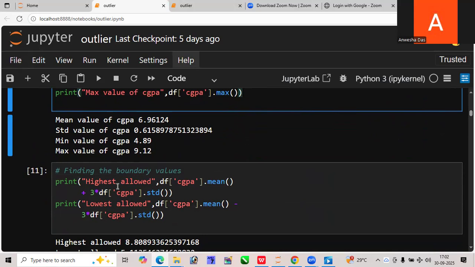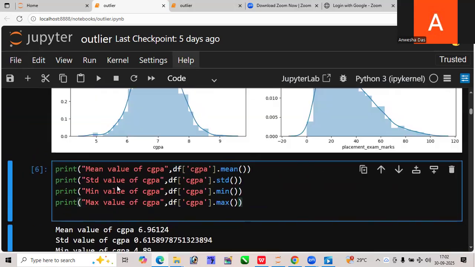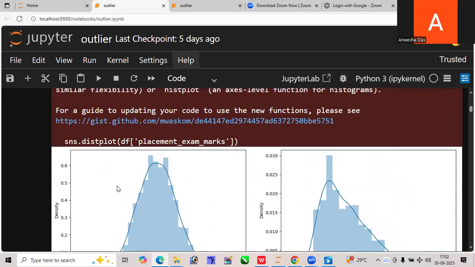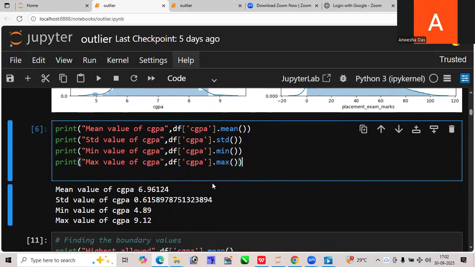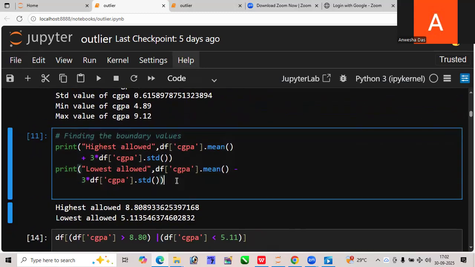I have checked this, and here I have found the boundary. How did I find this? See, if the data is normally distributed, we can apply the empirical rule. So what is the empirical rule?